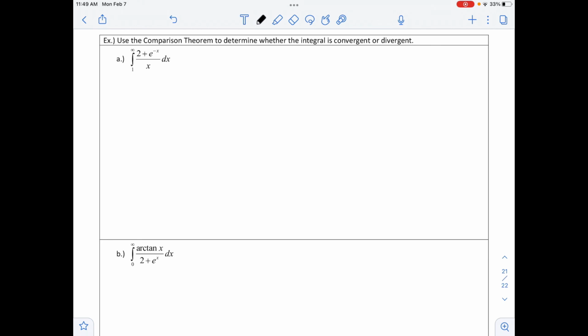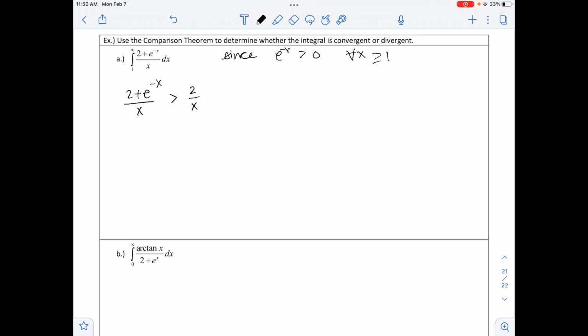And it looks pretty difficult to integrate, so I would say that since e to the negative x is always going to be greater than 0 for our interval, which is from 1 to infinity, so for all x greater than or equal to 1, we can say that 2 plus e to the negative x over x would be greater than just 2 over x. That's because e to the negative x is always going to be greater than 0, so that expression would be larger than just 2 over x.